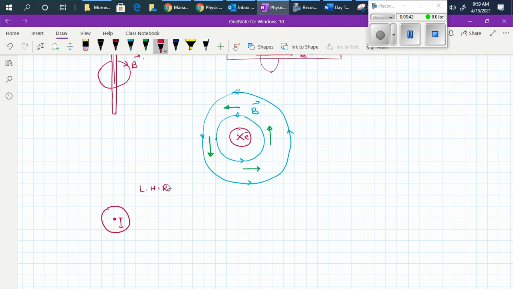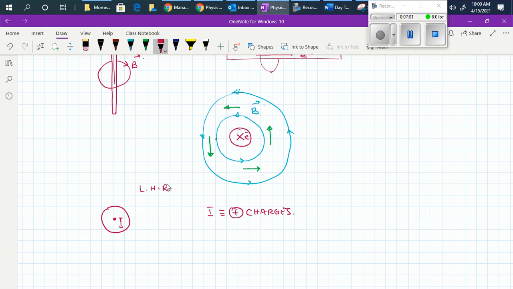Then if you are using the left-hand rule, you will switch the direction. So you will say, what is this? I means the direction of positive charges. Since I'm using the left-hand rule, I will switch the direction.